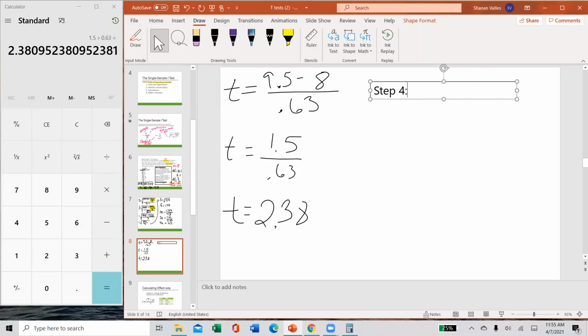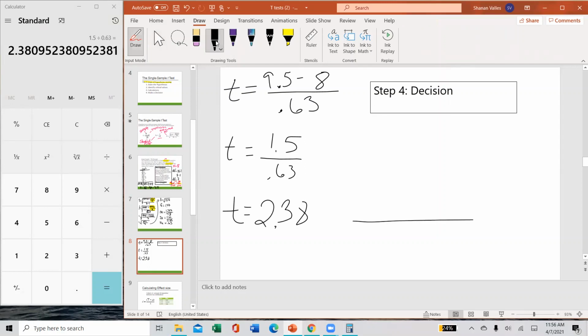Step 4, decision time, right? And what we do here is, remember, we make a decision between fail to reject or reject, whether we reject or we fail to reject.